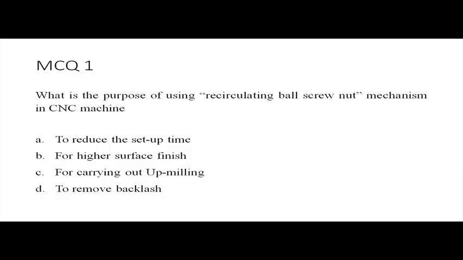So, if we are talking about up milling, the question of having recirculating ball screw mechanism to ensure that up milling can be carried out is not correct. So, to carry out up milling is not the correct option. The last option is to remove backlash, and this is correct. So, option D, to remove backlash, is correct.